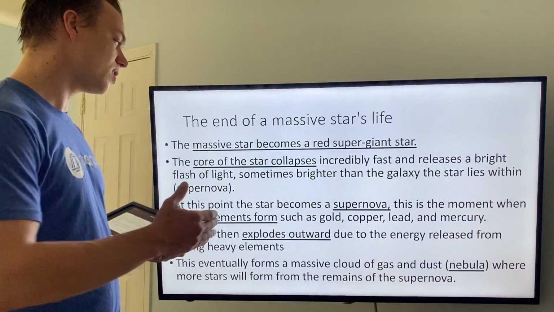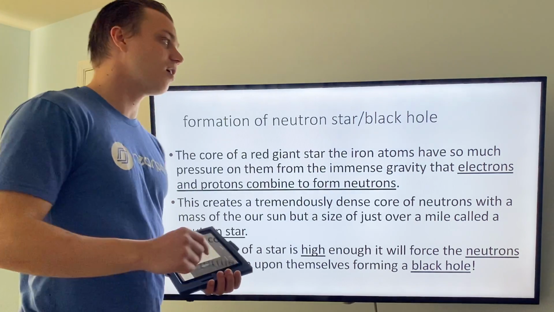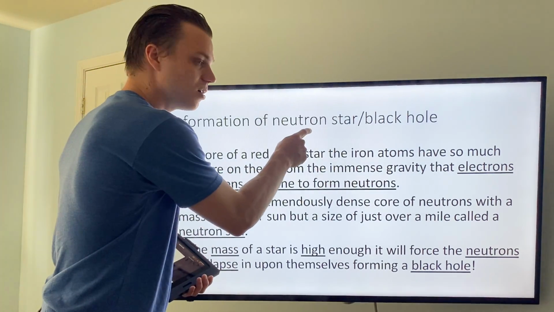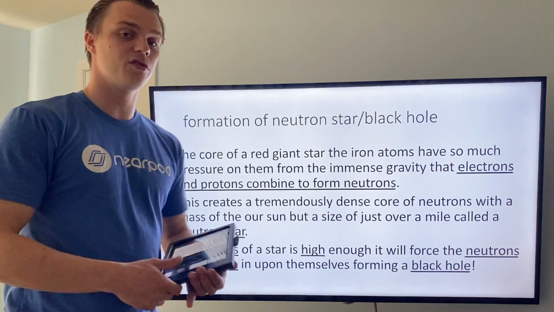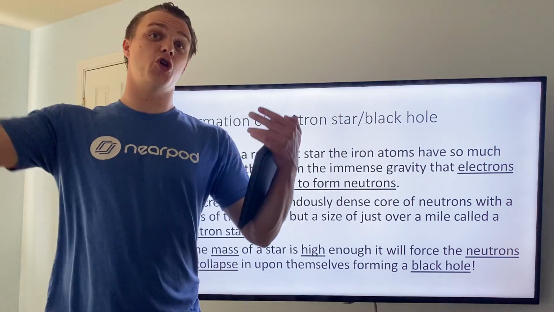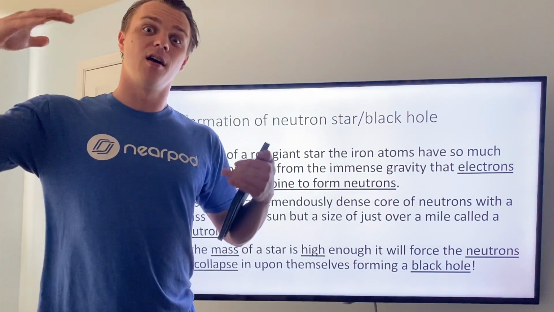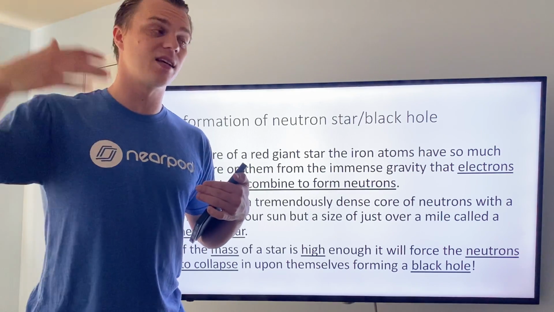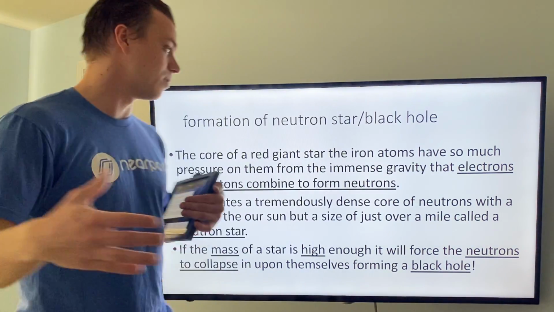So a supernova leads to two different things. When a supermassive star explodes, it can form into a neutron star or a black hole. So neutron stars usually form from not so massive stars. Like they're not the biggest, but they are really, really big stars, like between 8 to 10 times larger than the sun, I believe.